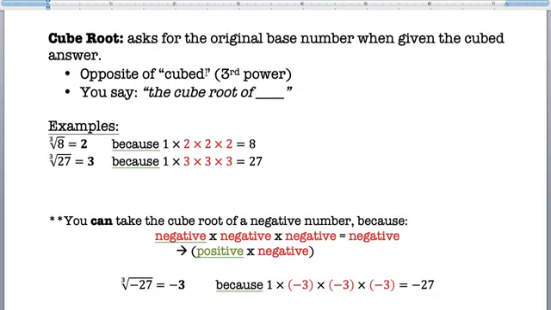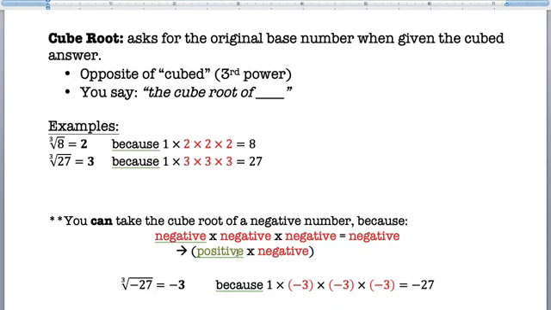Now for cube roots, it is possible to solve for the negative cube root inside. You can do that because if it were a negative base number, it would change the answer at the end. Because a negative times a negative times a negative will get you a negative, which is what you wanted inside. Because a negative times a negative, remember, they cancel out and become positive. Then you're going to multiply by that last negative.